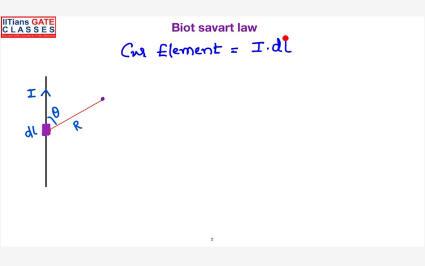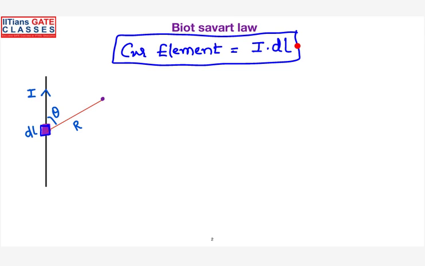So it's not the total wire, it's a small portion or section of the wire which is carrying the current I. Next time also I will use the same terminology. So you should remember, the current element means current I in a small differential length dl. This is your source right now, the current carrying element, and this is your observer where you are finding the magnetic field.